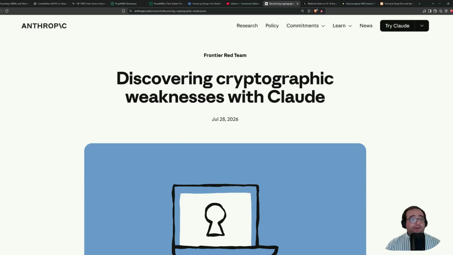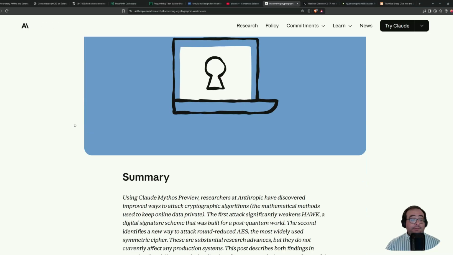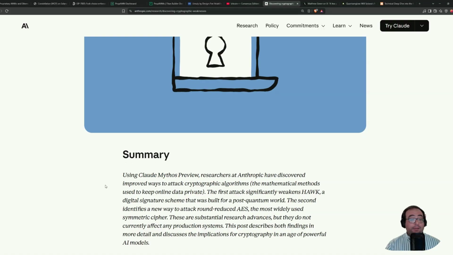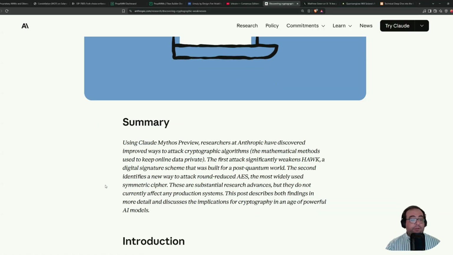Next, discovering cryptographic weaknesses with Claude. This is Anthropic releasing how Claude Mythos Preview found vulnerabilities, or anyway, attacks on certain cryptographic algorithms. The most important is Hawk, because this was very impactful.